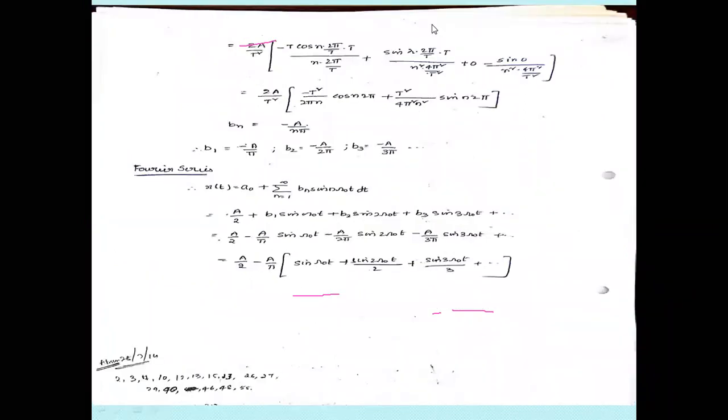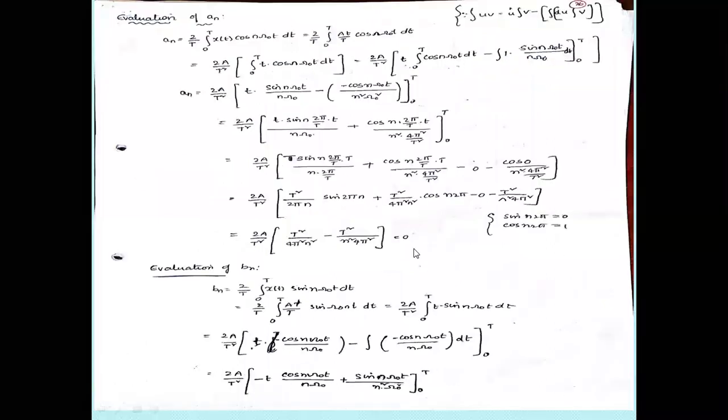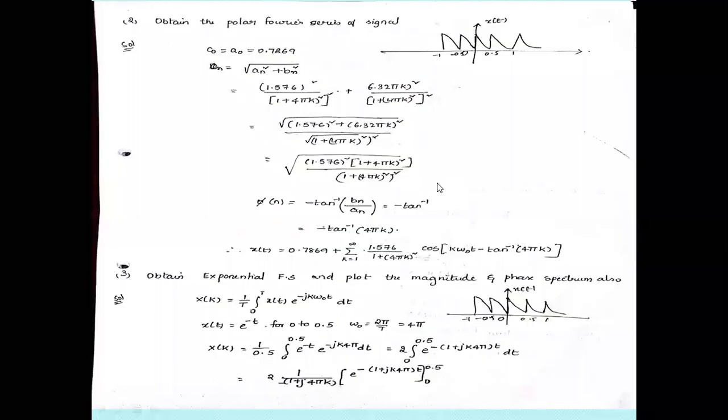Now coming to here, substitute the upper limit as T, 2A by T square. The upper limit is A T minus T cos n 2 pi by T into T, n 2 pi by T. This 2 pi by T is omega naught, my dear students. For the second term, sine n omega naught t by n square omega naught square, for the upper limit only.